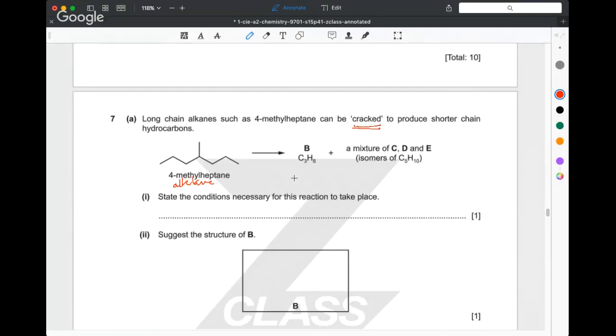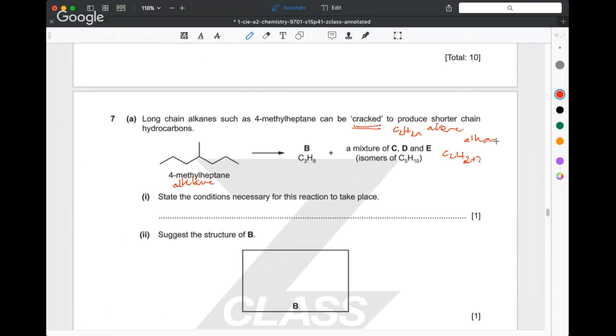And when you crack them, you get a shorter chain alkane and alkenes. Now, if you look at these, well, which one is the alkene and which is the alkane? If you know your homologous series, then the general formula for an alkene is that, and the general formula for an alkane is that, CnH2n plus 2.